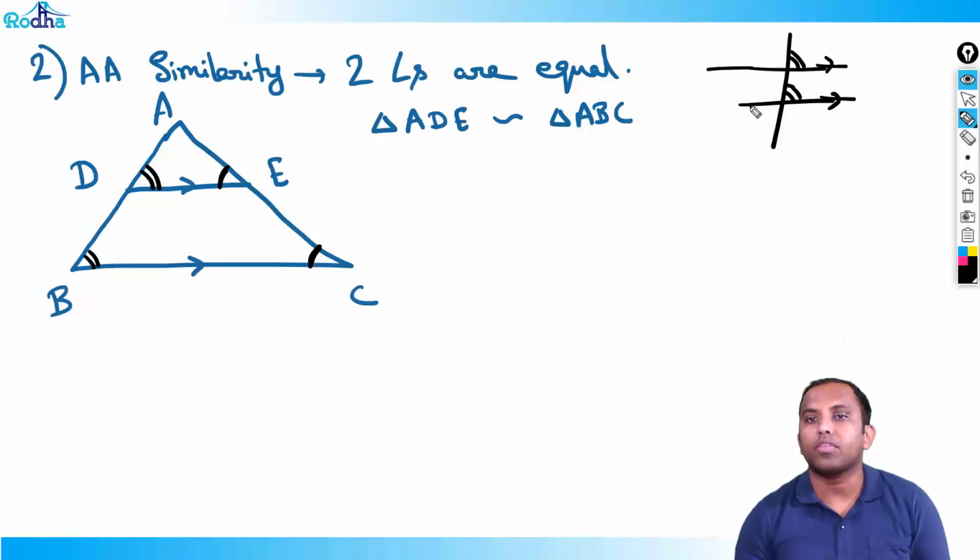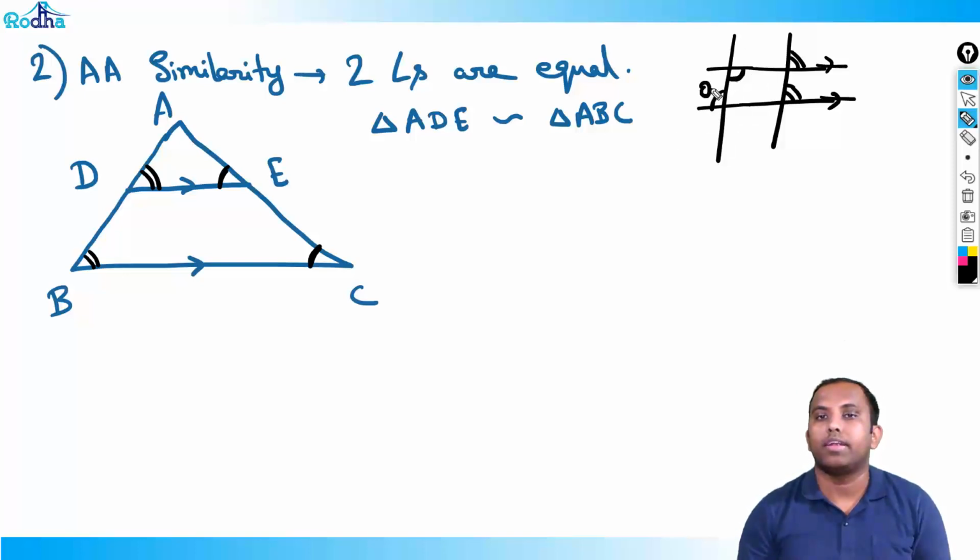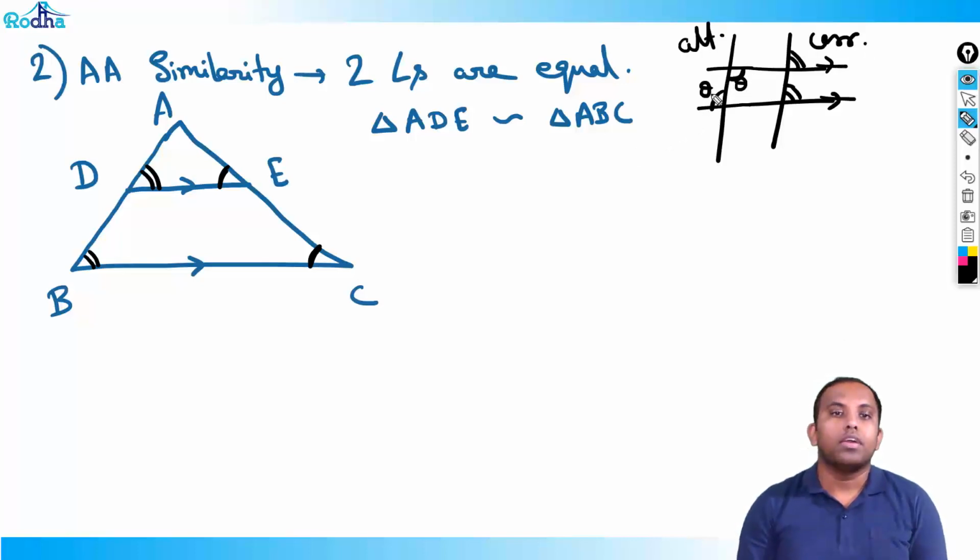And this angle and this angle are equal, and they are called alternate angles. Theta and theta are alternate angles here. So two angles are equal, so I can say it is similar by AA similarity.